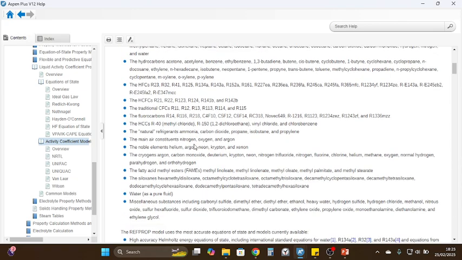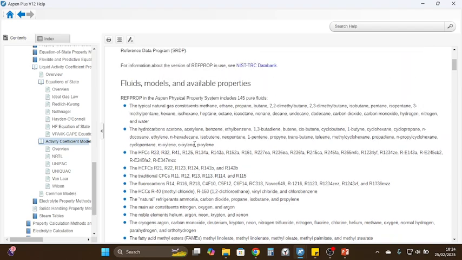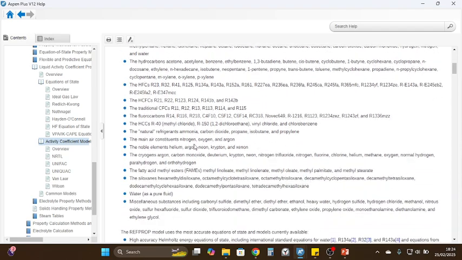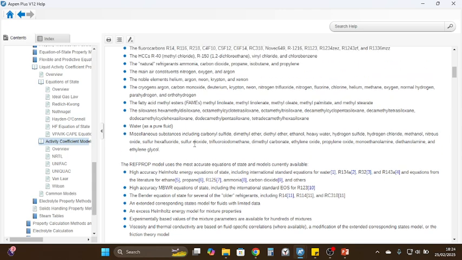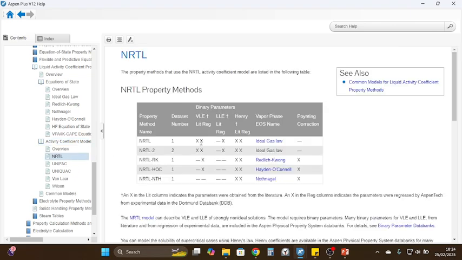Yes, I can understand what you're trying to say. Components are enlisted here, the fluid models and available properties, you are trying to say, right? And all three components are enlisted: water, ethanol, and acetone. This water is a pure fluid as well.